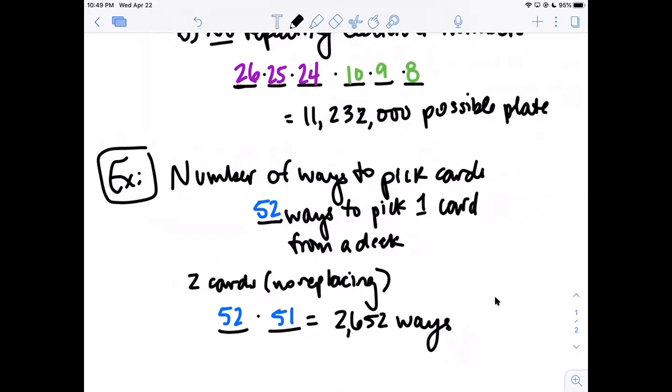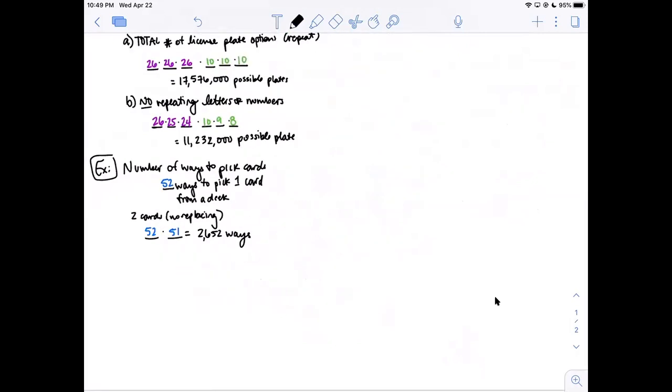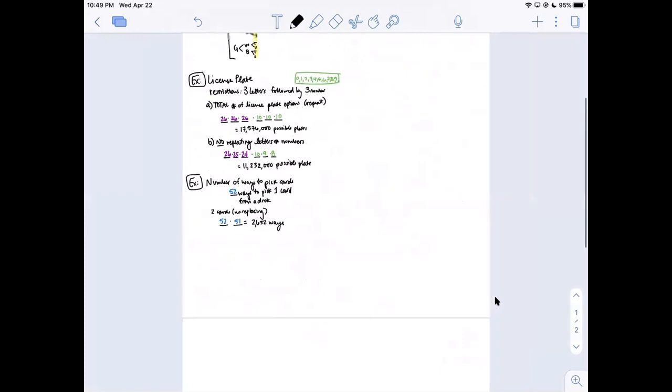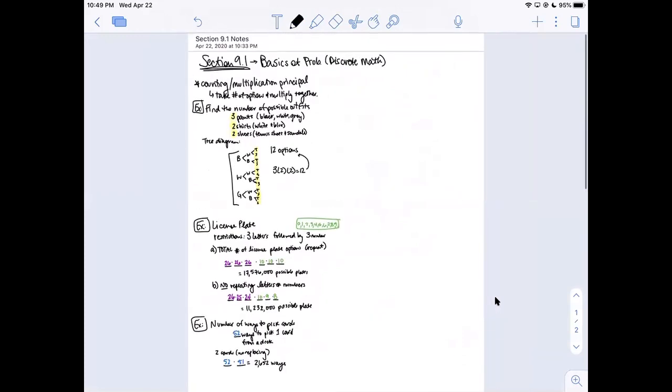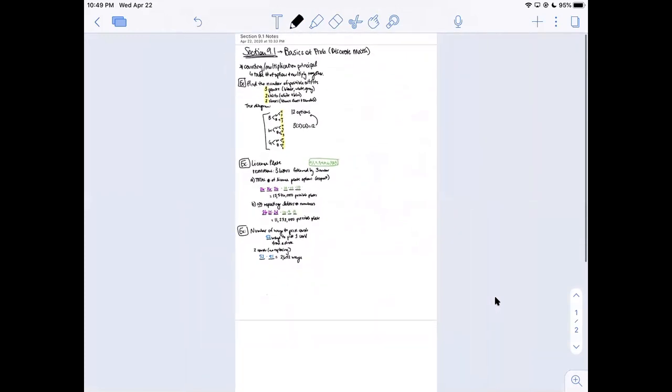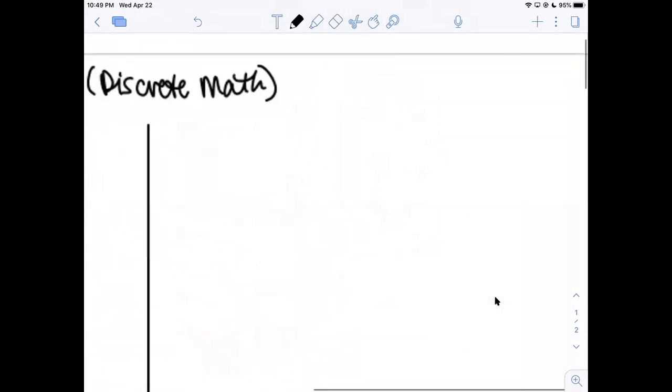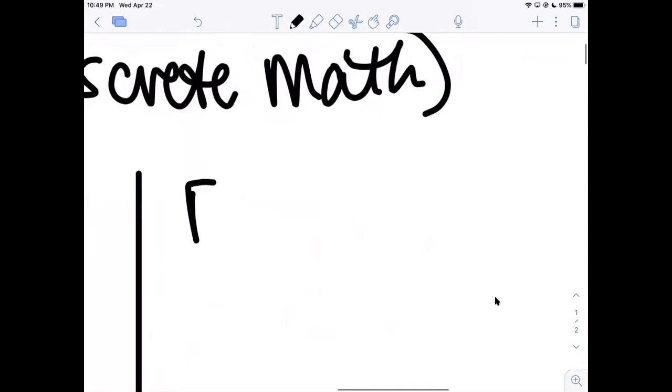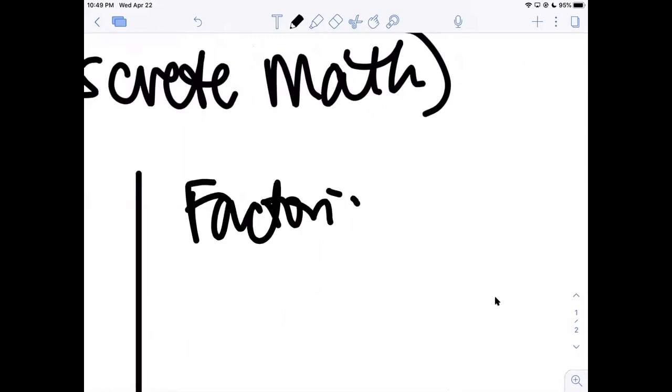Okay. Now, cards are very interesting, and we're going to introduce a new concept, and we're going to use this with other card examples in the future to do more probabilities. So this was all multiplication principle. Now we're going to talk about something called a factorial. Have you guys heard about factorials before? Okay, I don't remember.